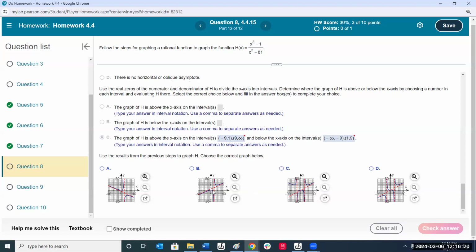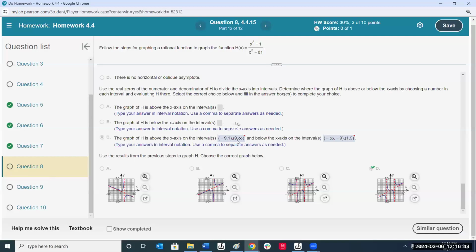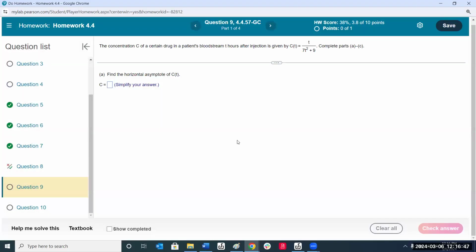There's not that one. It's the minutia that's going to kill you.